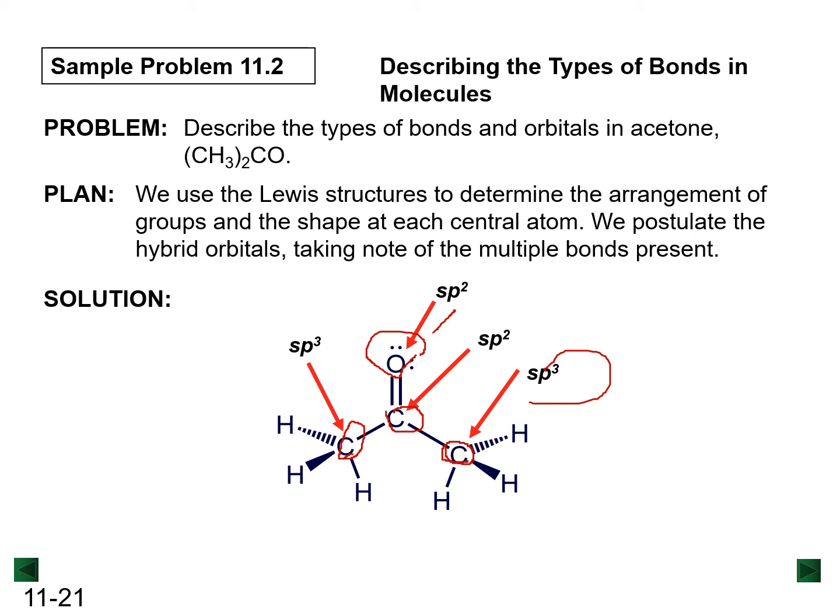As we can see here, there is a double bond, so the unhybridized p orbitals from O and C will overlap side by side to form pi bond.